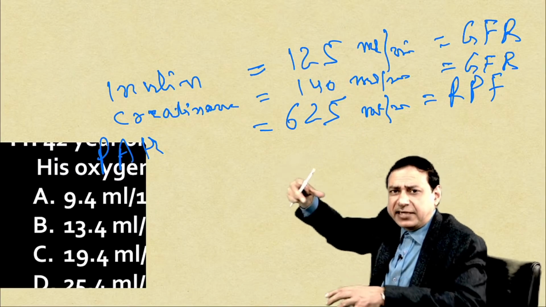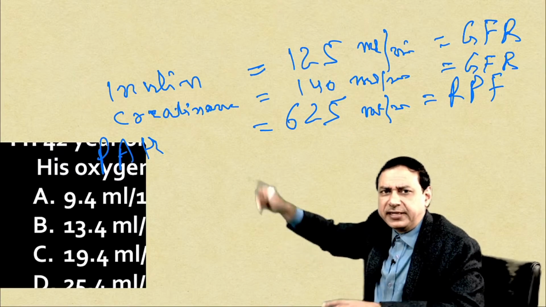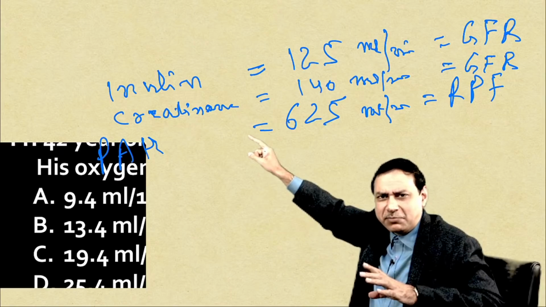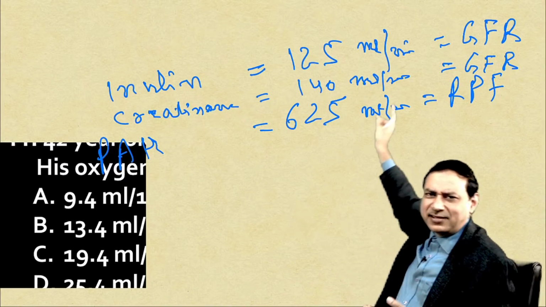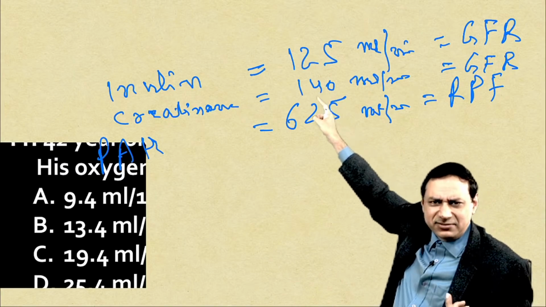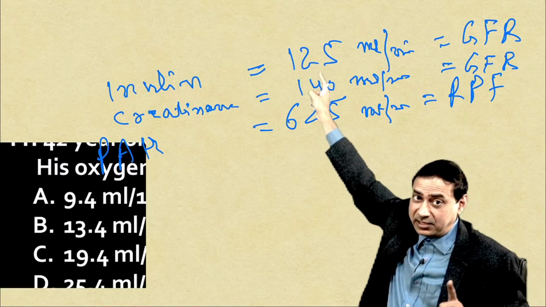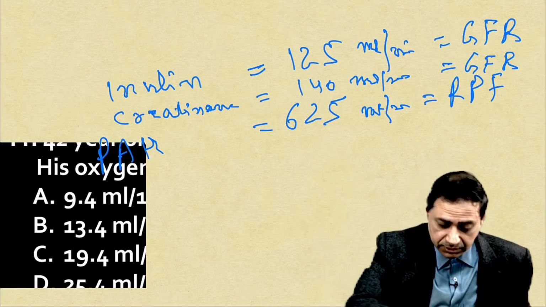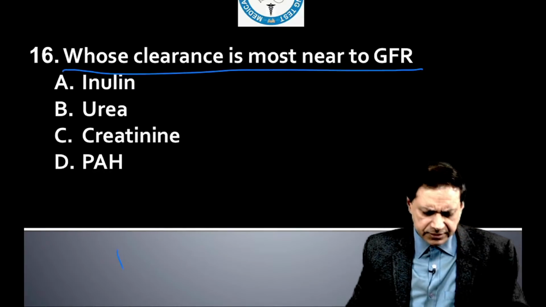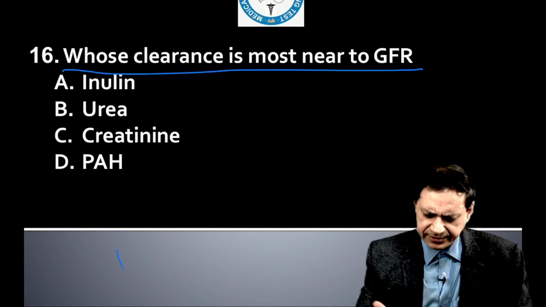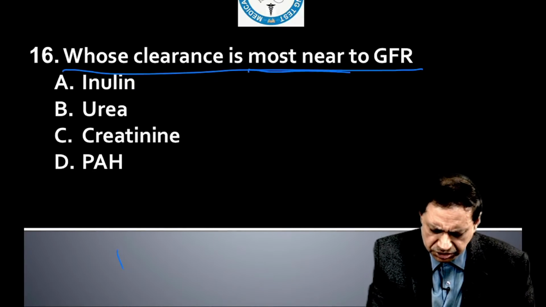Inulin is an exogenous product; you have to inject it. Creatinine is inbuilt, present in the body. So to assess it easily on the clinical side, we use creatinine. But otherwise, inulin is a better indicator of GFR. So I think now you can answer. Whose clearance is most near to GFR?